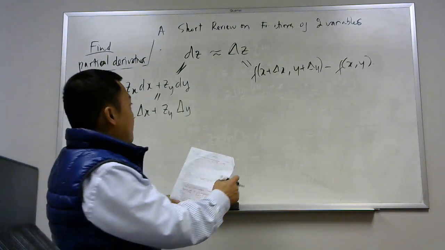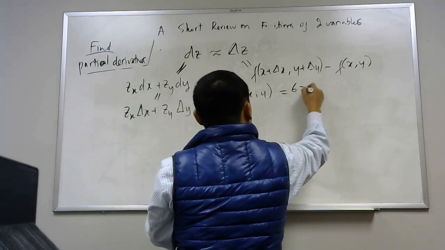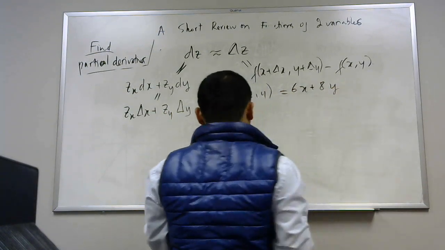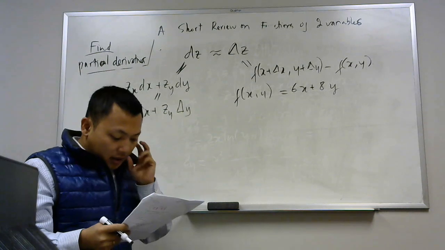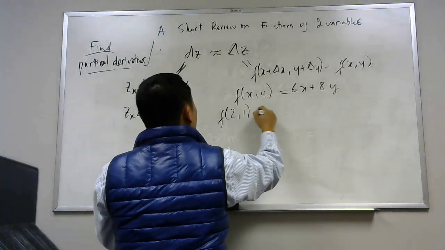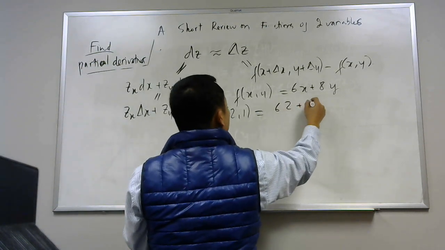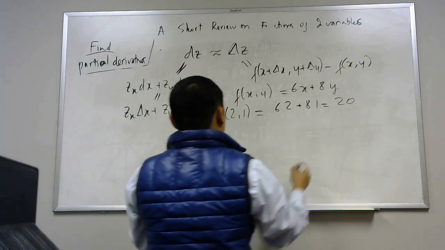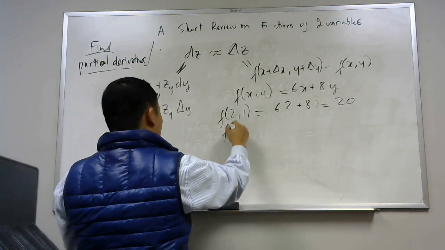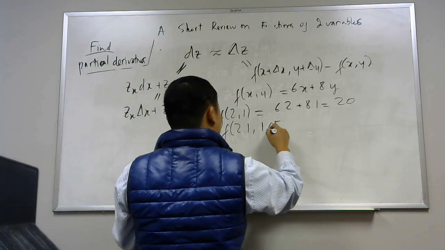The function is f of x and y equal to 6x plus a y, right? They ask us to find f of 2, 1. So you just need to plug 2, 1 into this. You get 6 times 2 plus a times 1, which is 20. And then calculate f of 2.1 and 1.5, right?